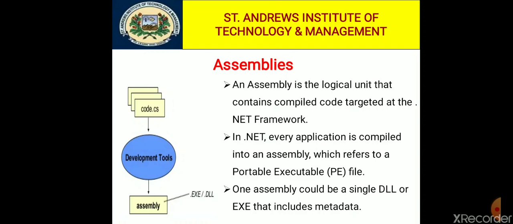Okay, so the .NET assemblies include metadata. In further slides we will discuss what metadata is. .NET assemblies include metadata that describes all the types that are defined in the assembly, with information about its members, methods, objects, classes, properties, events and fields.